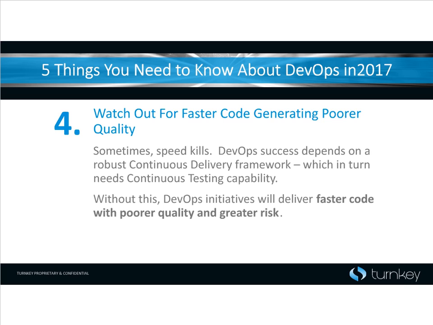So DevOps success really depends on a number of things, but a robust continuous delivery framework, which in turn also relies upon continuous testing capabilities. Without that, it just simply results in faster code with poor quality and greater business risk.